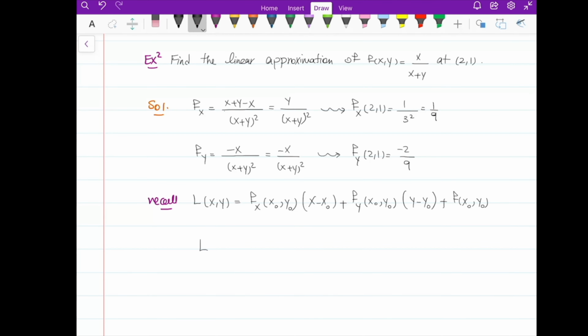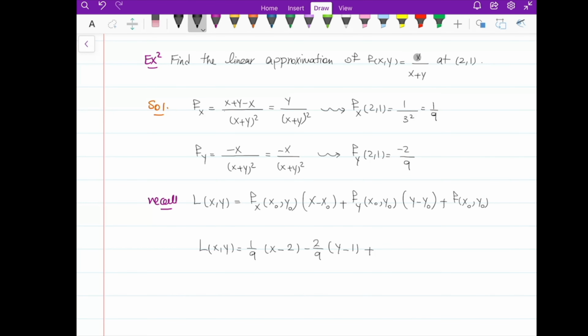So the linear approximation here would be the partial derivative with respect to x, 1/9, times (x minus x naught), which is 2, plus the partial derivative with respect to y, negative 2 over 9, times (y minus y naught), which is 1, plus the value of the function at that point.